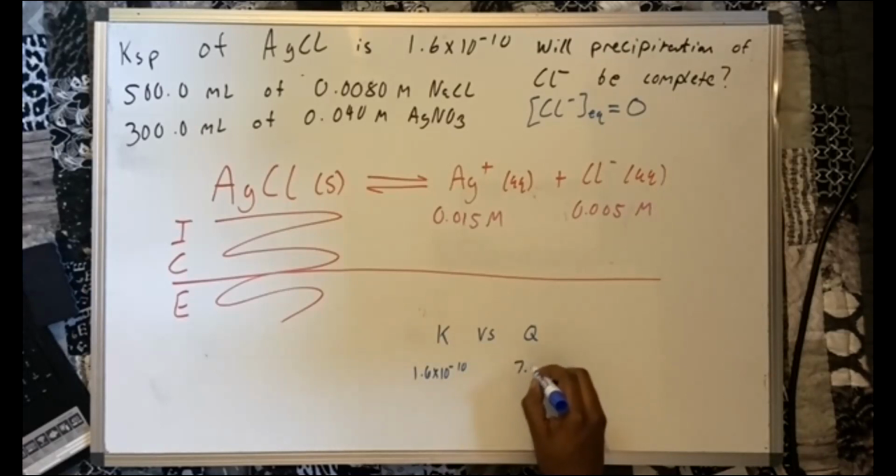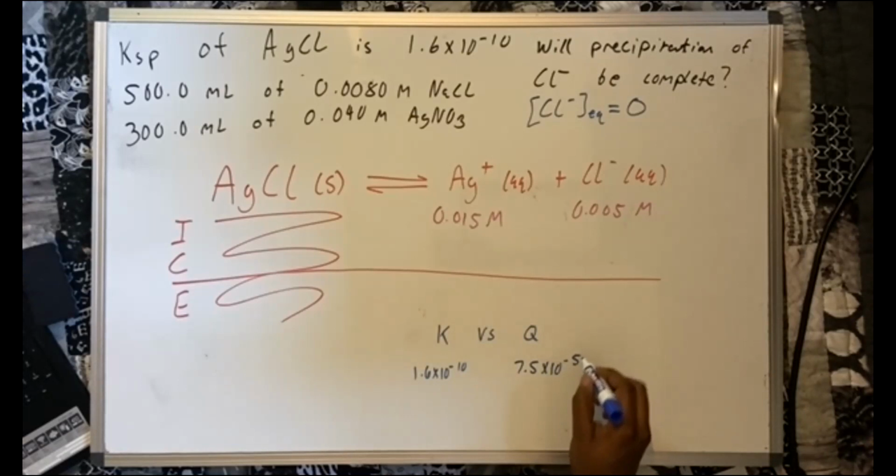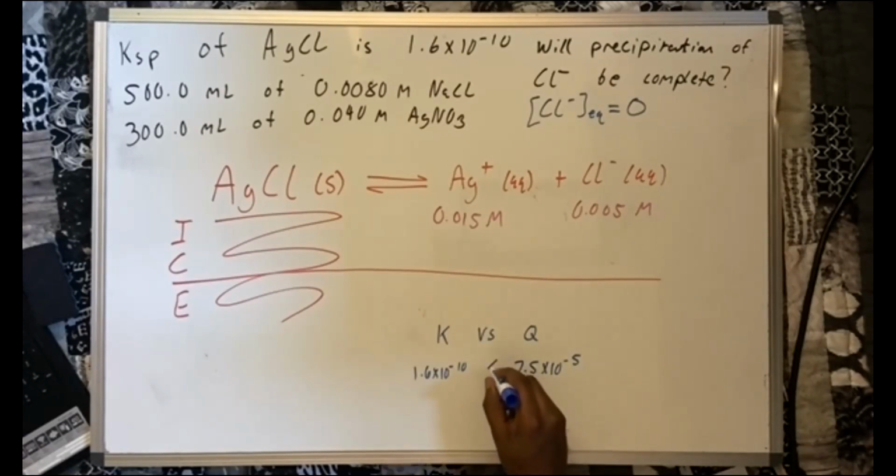And this is 7.5 times 10 to the negative 5th? Yeah. Okay. Right, Q is greater than K, so it's going to shift right still. So that's good.